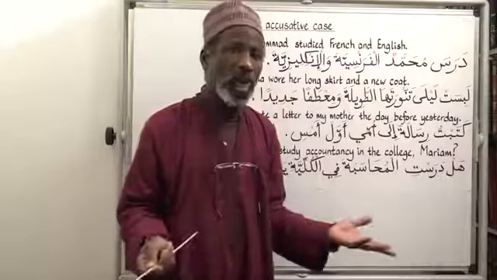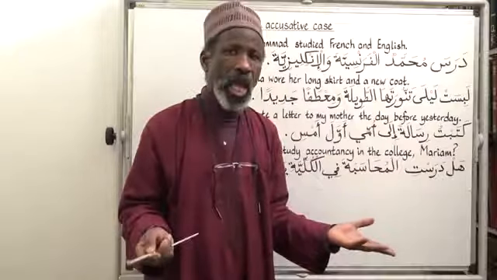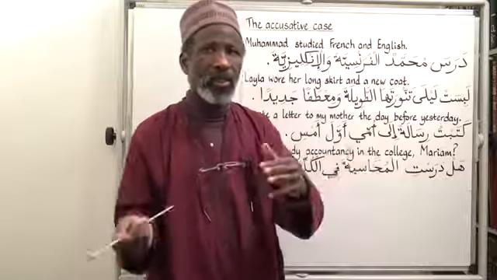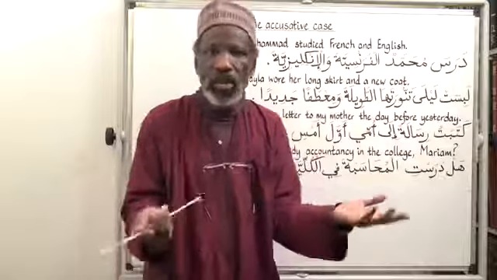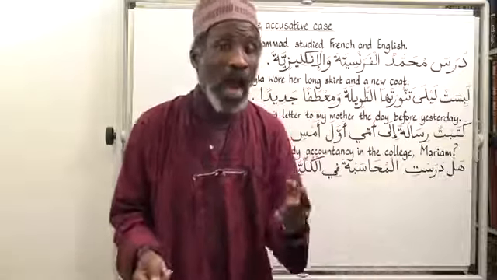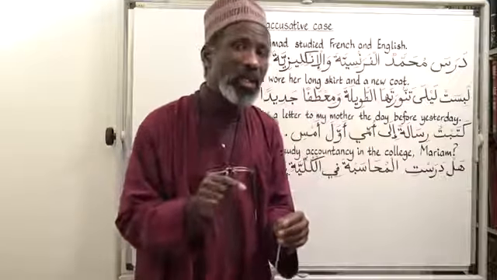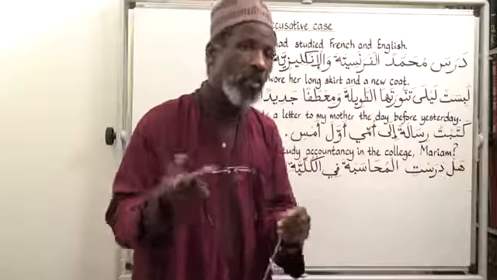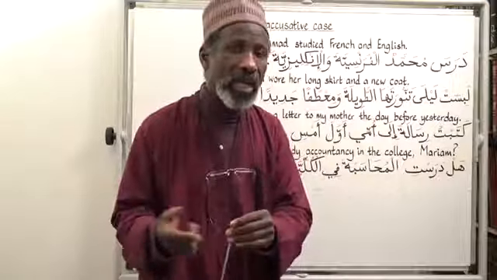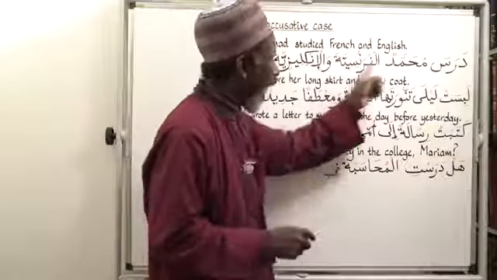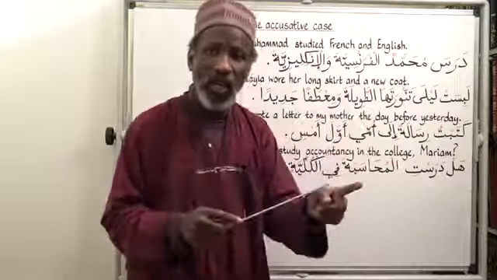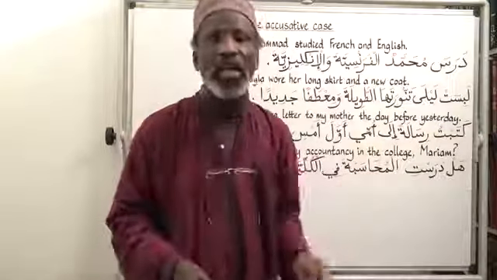Otherwise, the meaning will change. If I say a student hit the teacher, now the meaning has changed. But in Arabic, because you have extra vowels which indicate who is the subject and who is the object, who is at the receiving end, it doesn't matter really. You can actually mix the order and the meaning will still be very clear to you.